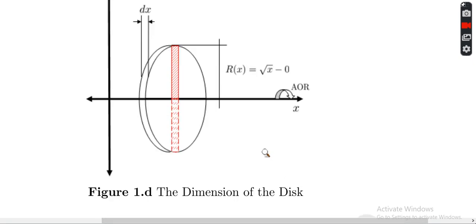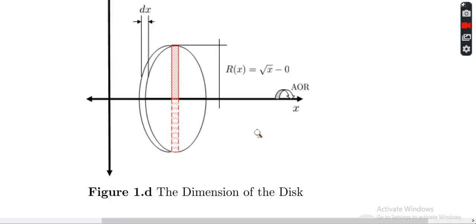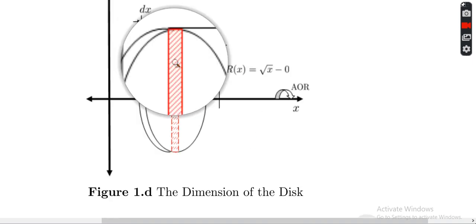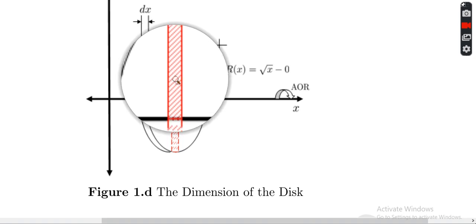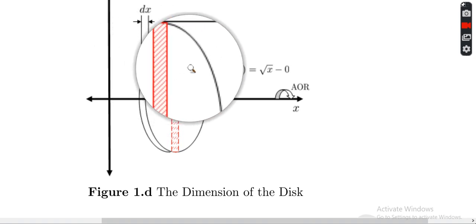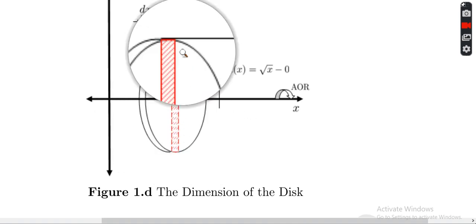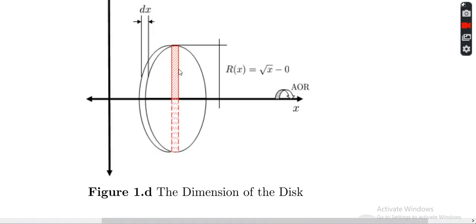So, ito yung ating cross-section, yung dimension ng ating disk. Okay. So, we are using the vertical rectangular strip. Ito yung original na region. Itong nasa ilalim is just the mirror. So, dito tayo magme-measure ng radius sa mismong region. Ito yung ating radius.